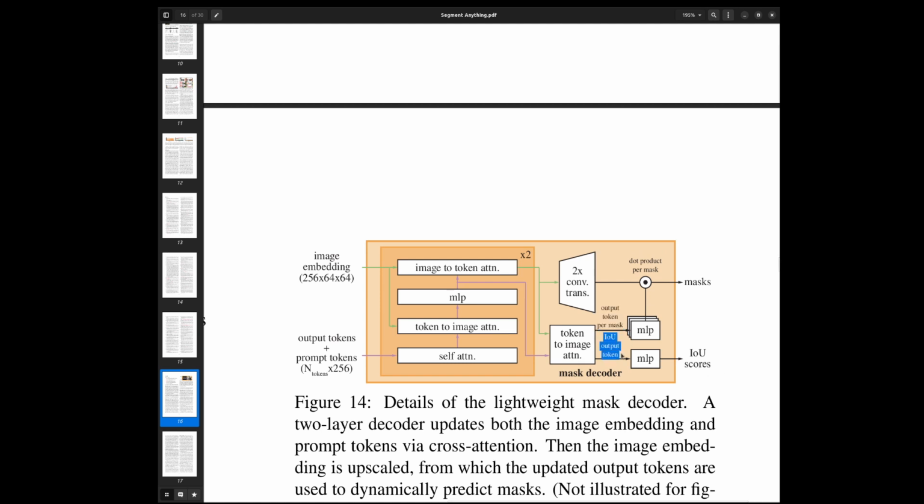So you have two output tokens, one for the mask and one for the IOU. I think in MaskFormer they only had one, and then you output the IOU. Yeah, it's convoluted, but I guess it makes sense.